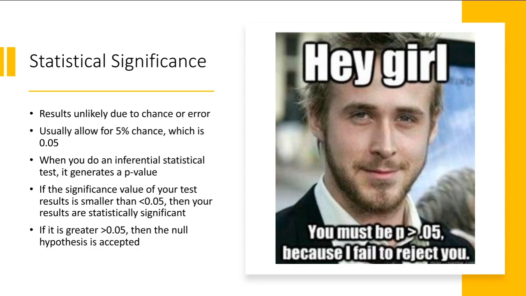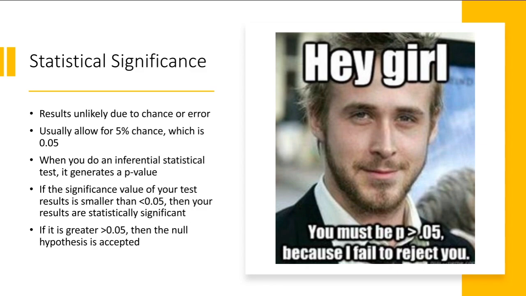This is usually 5% chance or 5% error if you want to call it, okay, that we are allowing. And in some cases can also be as good as 1% chance that we are allowing or 1% error that we are allowing.